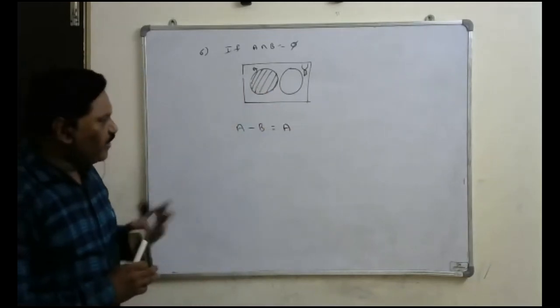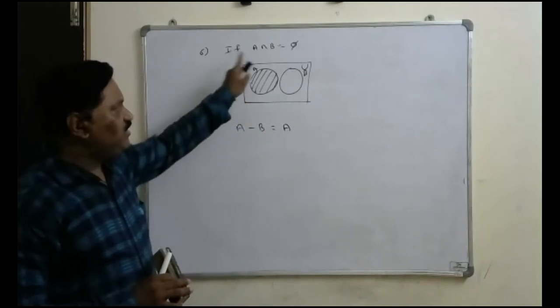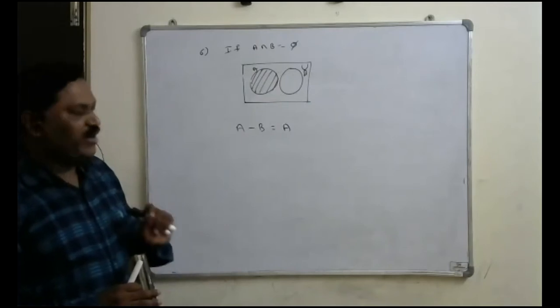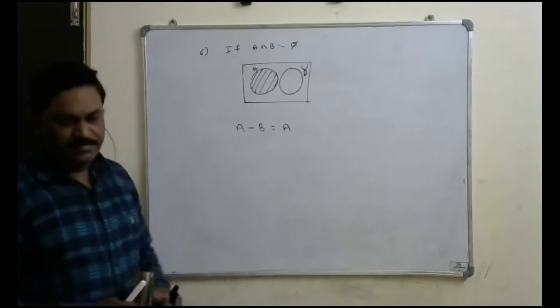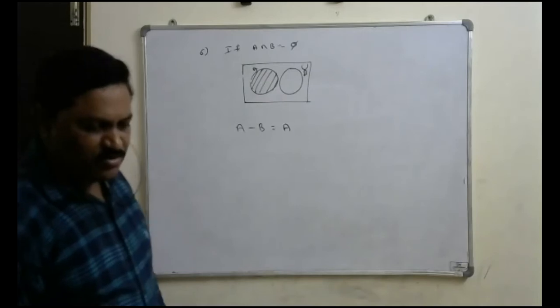That's why A minus B is equal to A is possible only when A intersection B is equal to pi, meaning the given sets are disjoint. That's the answer.